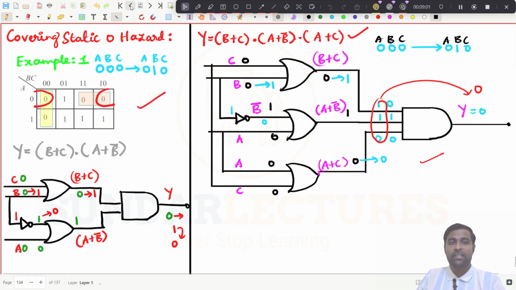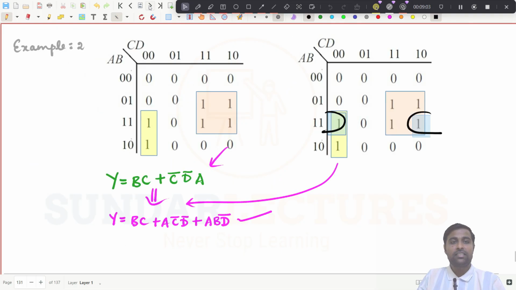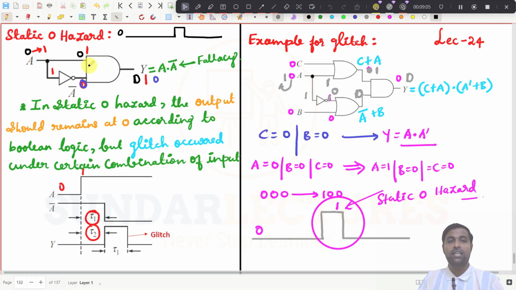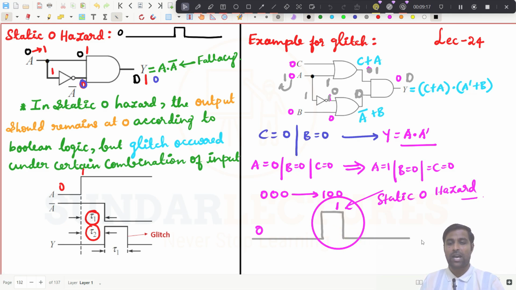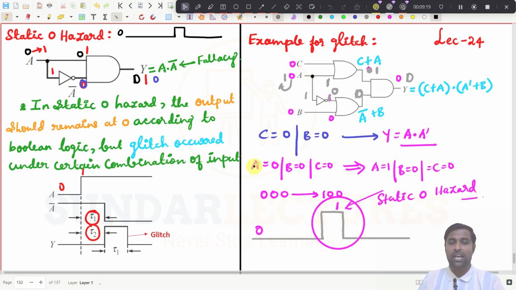So what are the topics we have seen in this class? See, we have started with the static 0 hazard. What is static 0 hazard? The expected output of the logic circuit is 0 and for a moment 1 will come in the output of the logic circuit and it goes to 0 again. If it is so, that is called the static 0 hazard. So why is it happening? Because of the propagation delay, right?